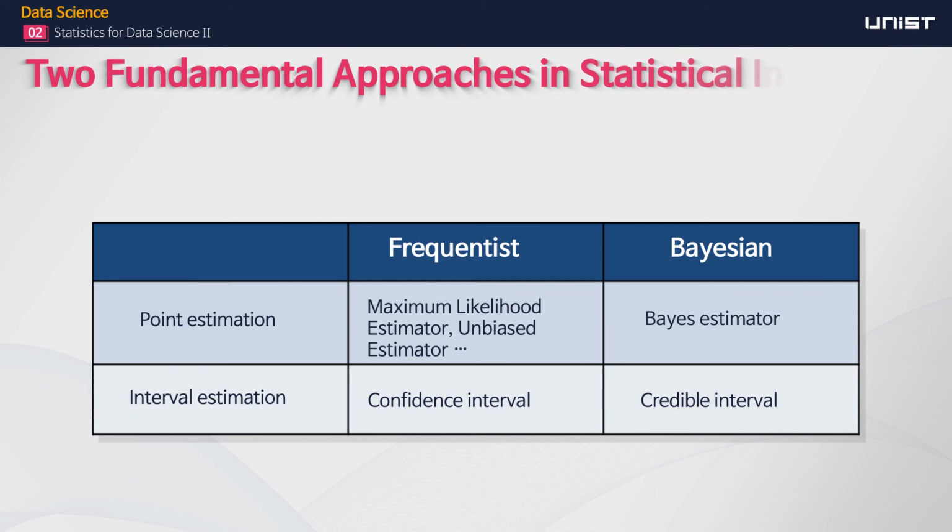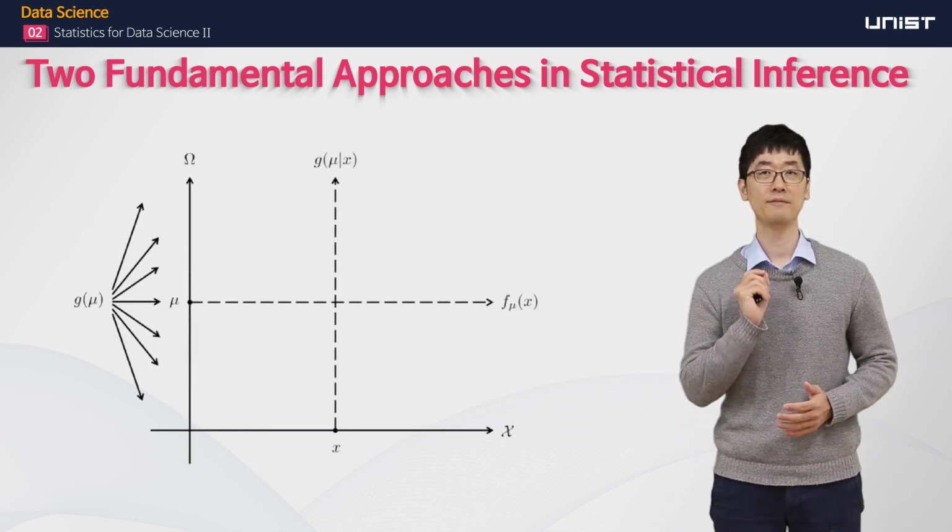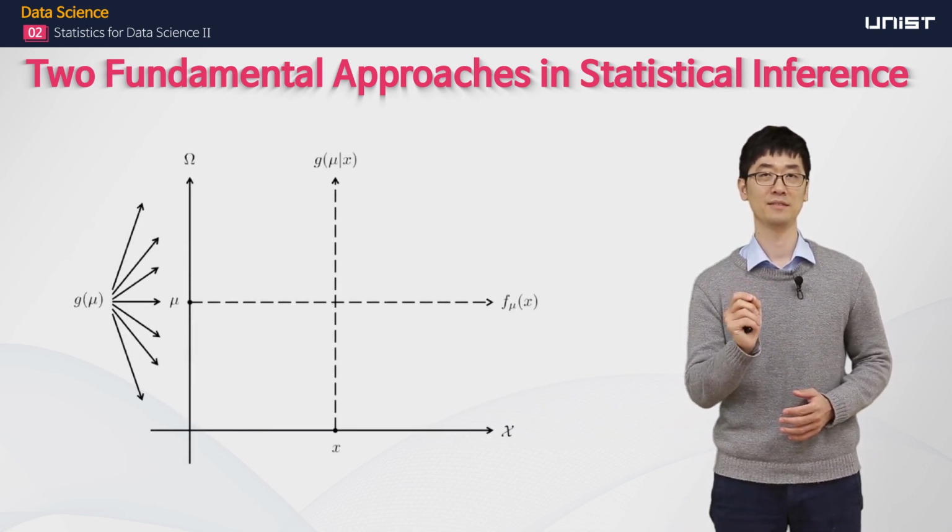Here are final remarks. Today, we talked about two fundamental approaches in statistical inference. We saw how they are different, especially in estimation, point estimation and interval estimation. This figure illustrates the difference of two approaches clearly.